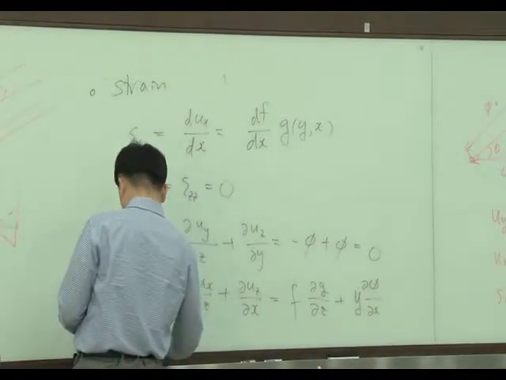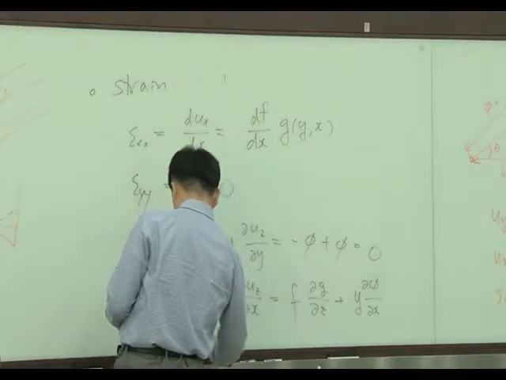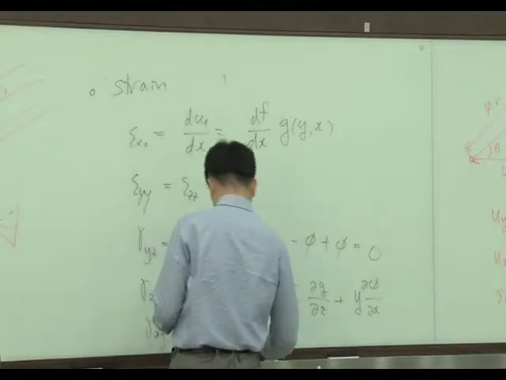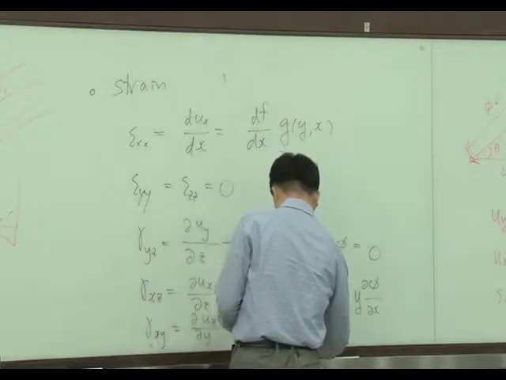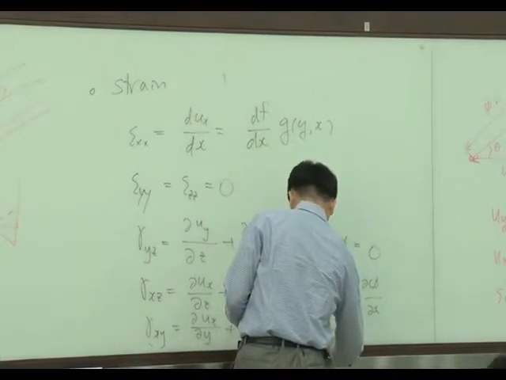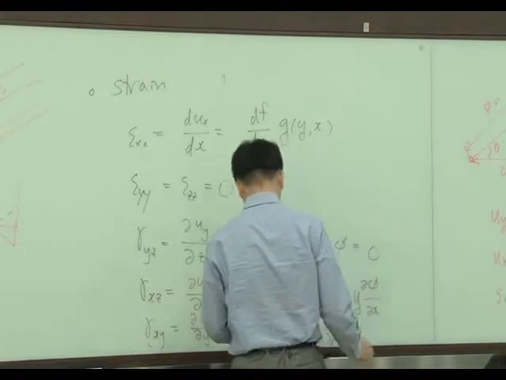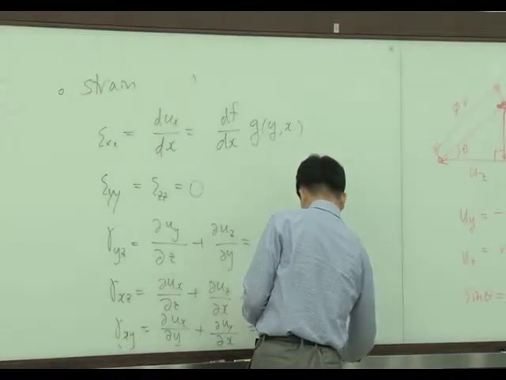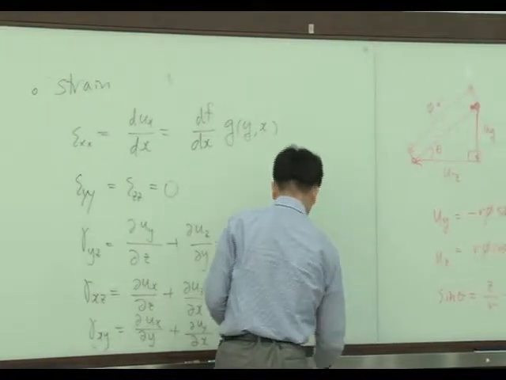Then gamma xy equals ∂ux/∂y plus ∂uy/∂x, equal to f ∂g/∂y minus zφ'.